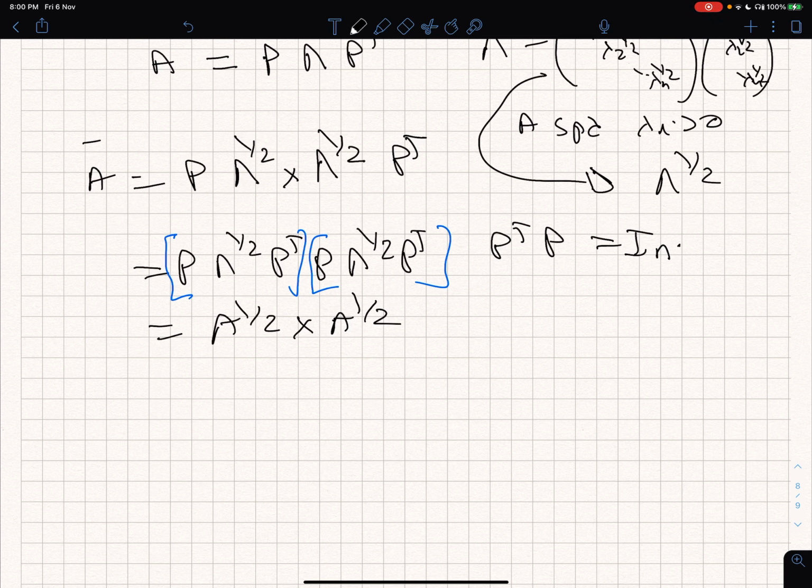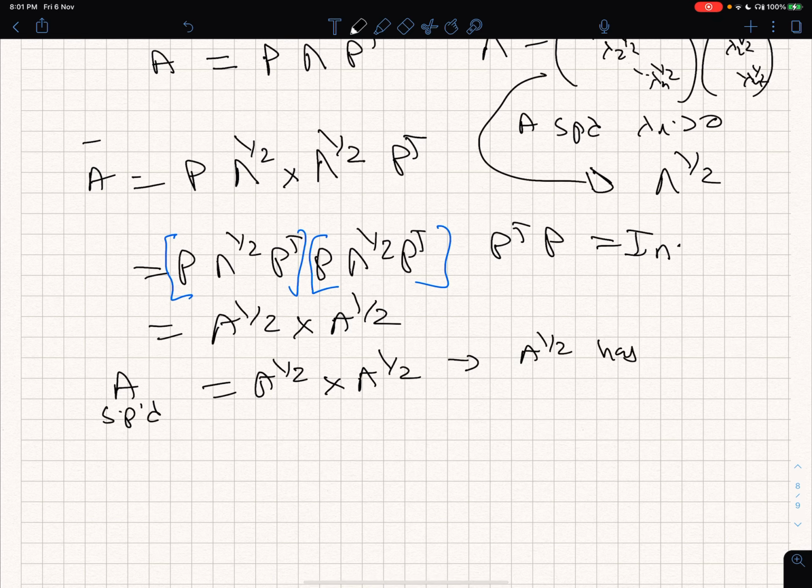So therefore a symmetric positive definite matrix also has a square root, in which A to the power half has eigenvalues which are the square roots of lambda i, lambda i being the eigenvalue of A, and the same eigenvectors.